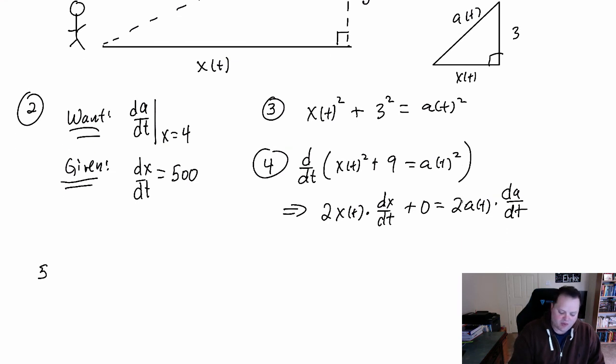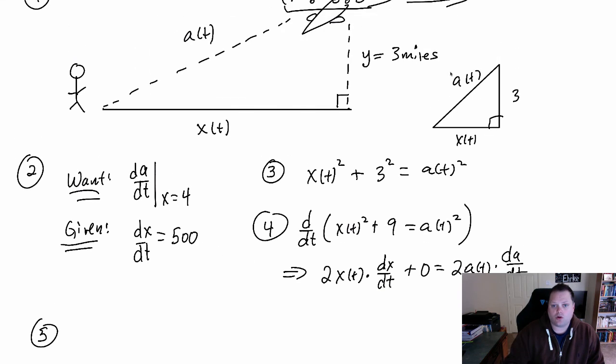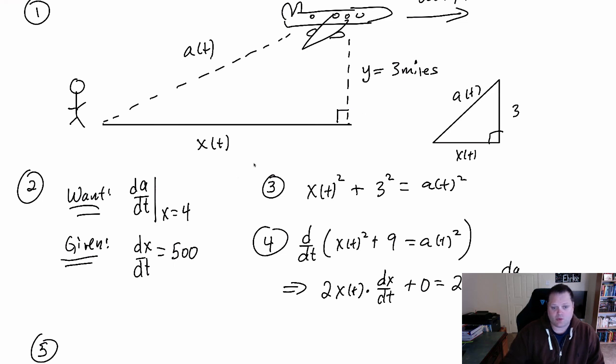And then step 5, plug in the values you know, solve for the value you want. So I know that dx/dt here is 500. I know x is 4, right? Because I'm looking at this when x is 4. And I know a, on this triangle, if x is 4, then a is 5 because it's a 3, 4, 5 triangle.